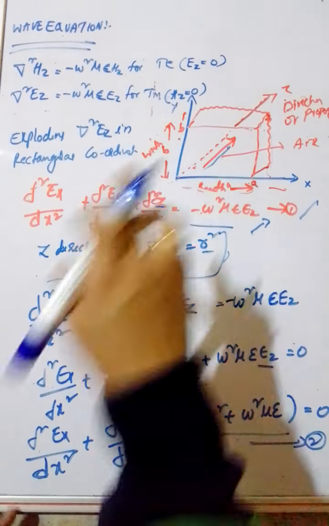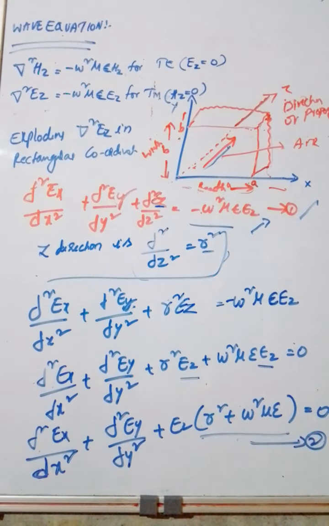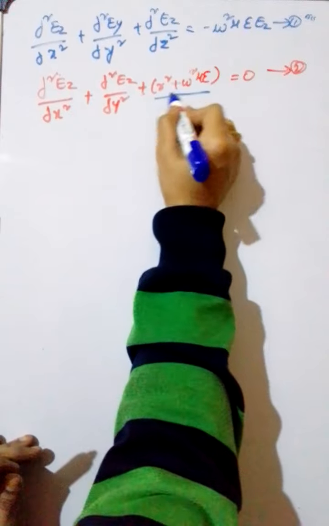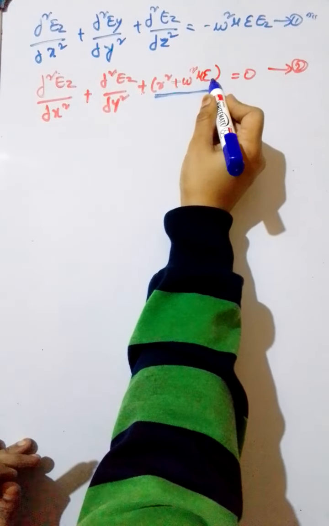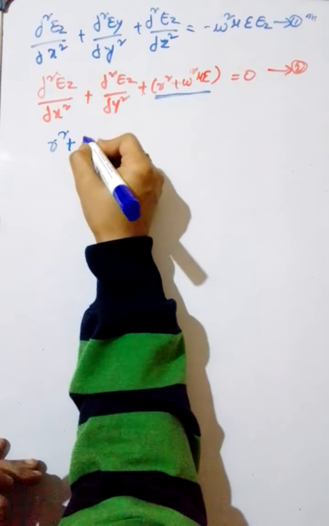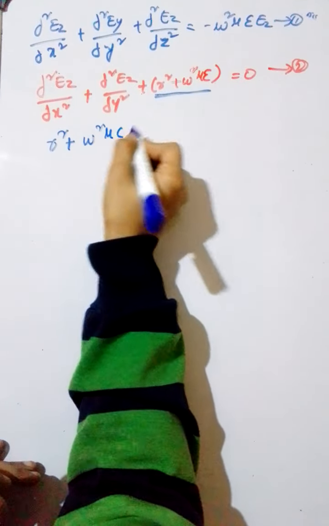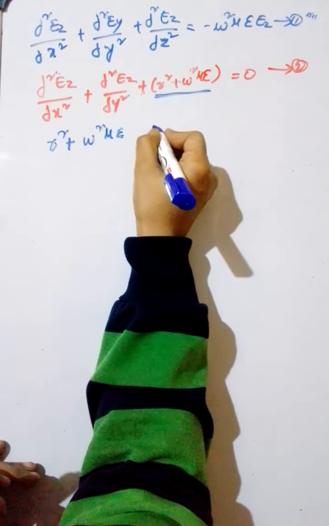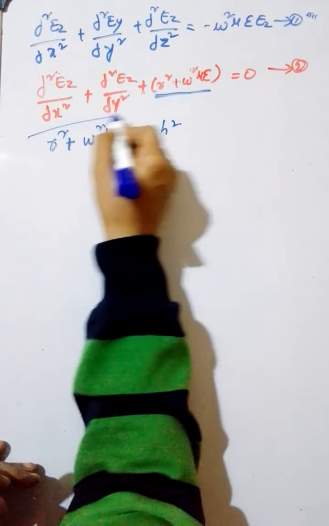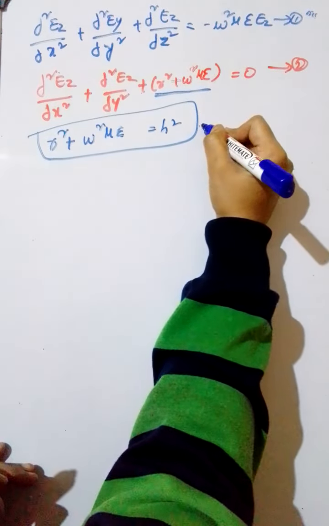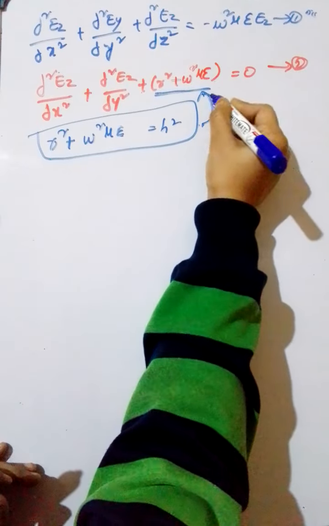I am writing both equations here. Let us see, this is equation 1 and equation 2. This r square plus omega square mu epsilon is a constant, and it can be written as h square because this term is constant. Now I am substituting this term in this equation.